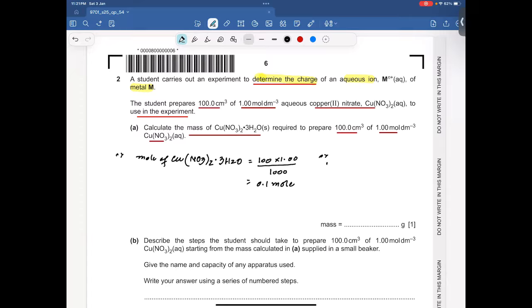To get the mass, we need to find the Mr of hydrated copper nitrate, the Mr of the hydrated salt. So it's going to be 241.6. Now using these two values, I can find the mass of hydrated copper nitrate. Moles is 0.1, Mr is 241.6, so it's going to be 24.2 gram.